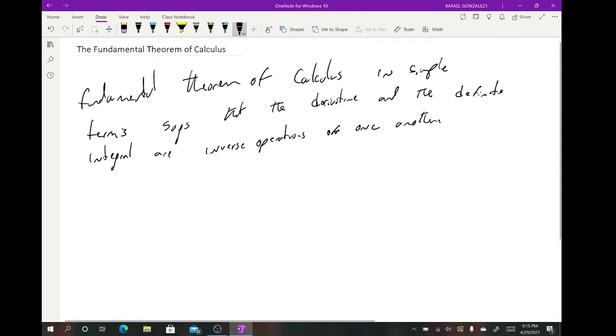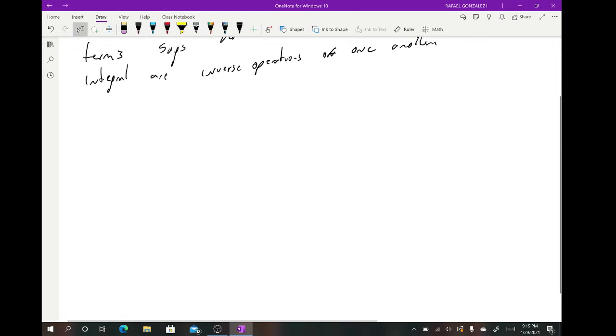Now, the fundamental theorem of calculus will tell us the following. So this is the fundamental theorem of calculus.